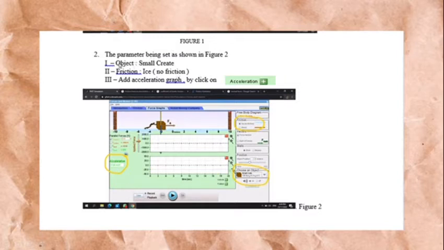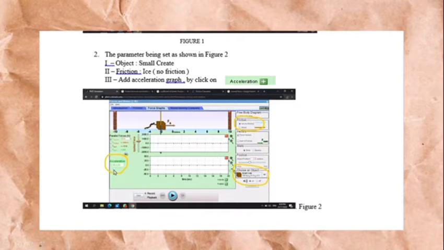First, the object we used was the small crate, so we can choose the object here. For the friction, we choose ice, for the non-friction surface, and we can set it here. Then for the acceleration graph, we can click on the acceleration button and the acceleration graph will be shown.